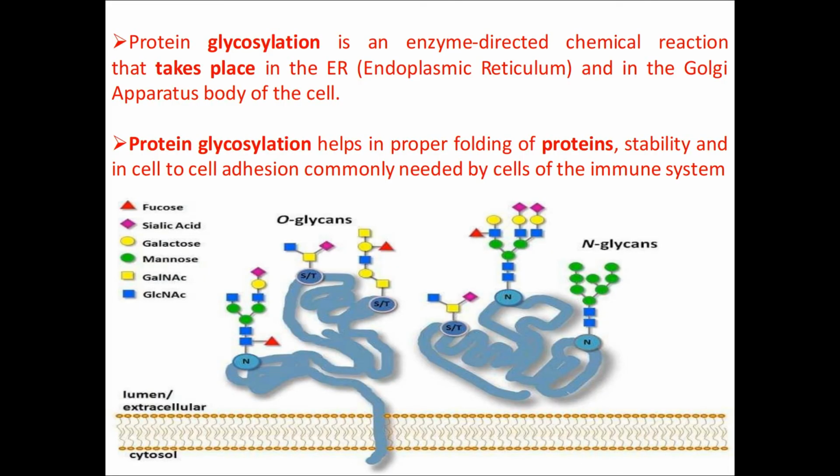What is this protein glycosylation that does not happen in E. coli cells? Protein glycosylation is an enzyme-directed chemical reaction. It takes place in the endoplasmic reticulum and in the Golgi apparatus of the cell. It helps in the proper folding of proteins, and it gives stability that is commonly needed by the cells of the immune system.